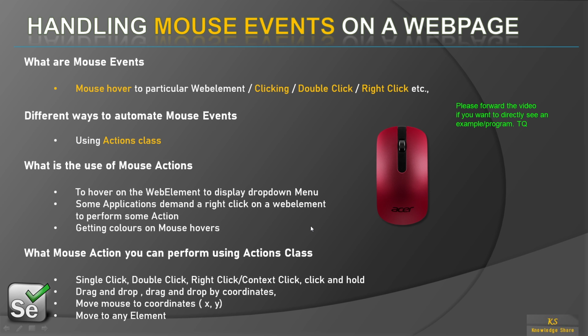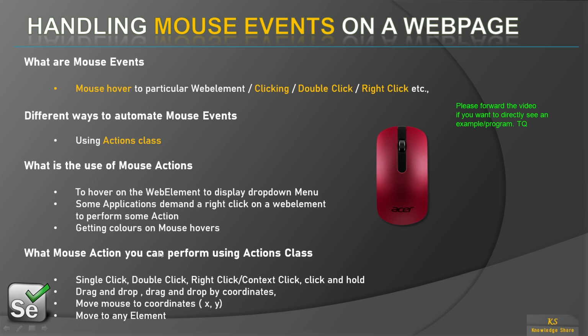Some applications might demand a right click and some operations, and also getting some colors on mouse overs. For example, there is a menu and you need to test that when the user mouse overs that menu, the user should see a different color. To validate those things, to do some GUI testing, these mouse events are useful.